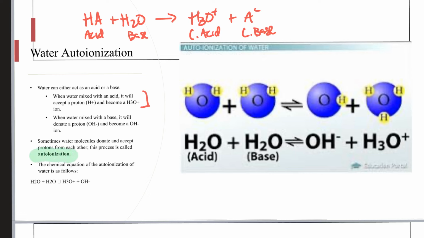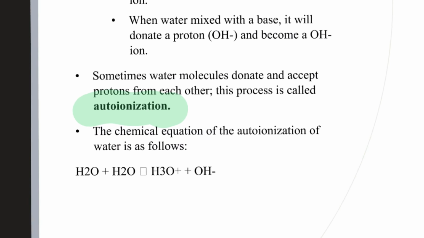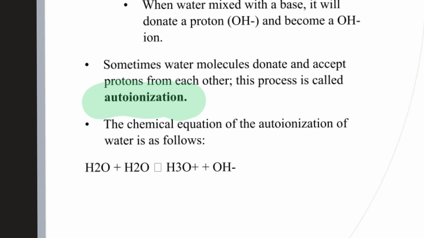This process we simply call the autoionization of water. When that happens, you have a reaction that looks like this. I know it's kind of hard to see. When I was trying to put the PowerPoint onto this program, it changed a couple of things, so I could just rewrite it for simplicity's sake. Basically, you will have H2O plus H2O, two water molecules.